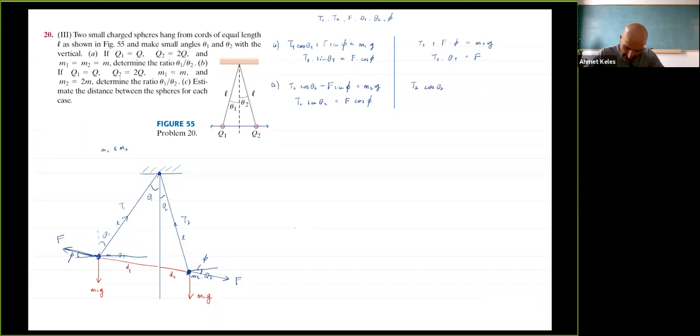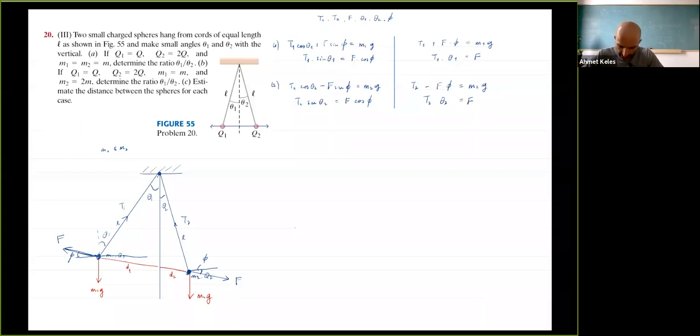Okay, this is not cosine because this is a small angle, so this is 1 minus F times phi is equal to M2G. And finally, T2 θ2 is equal to F. Okay?